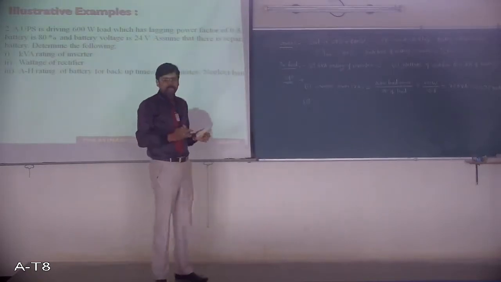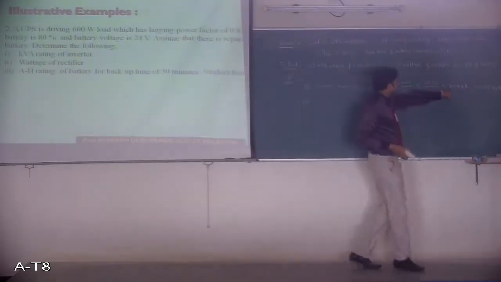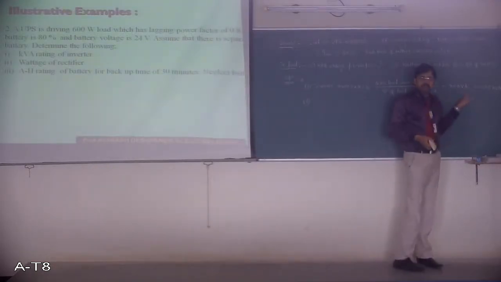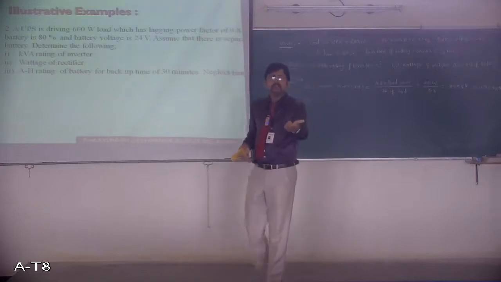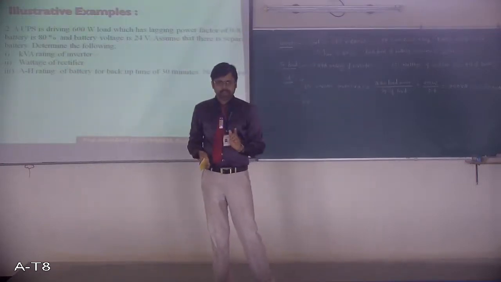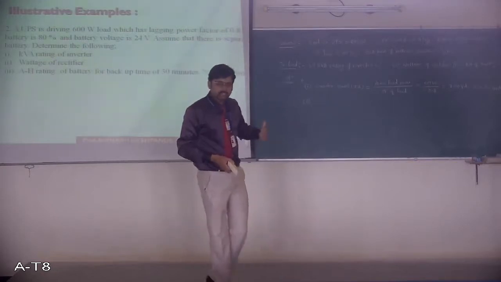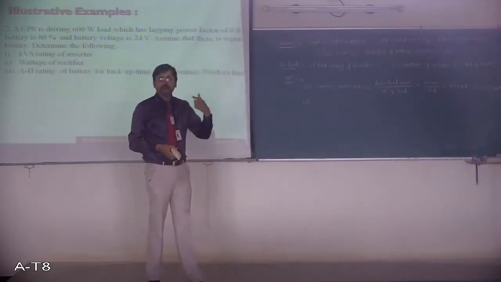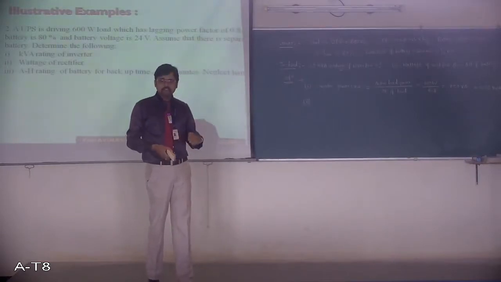So naturally, the rectifier cannot supply only the 750 volt ampere of power to the inverter. If it does so, 20% of that is again lost, and the power available to the load is lesser. Lesser by how much? 20% of what you are giving. So naturally, the rectifier output should be greater than the inverter output.